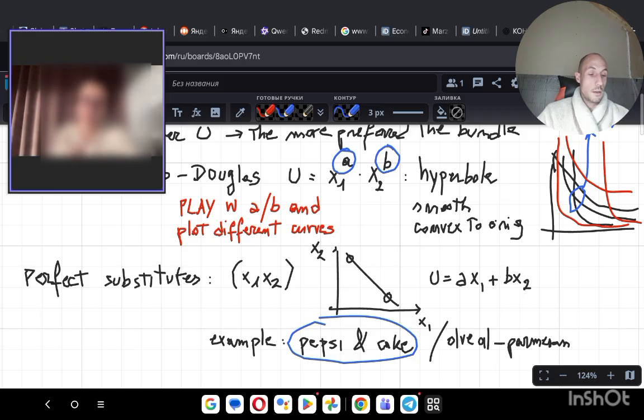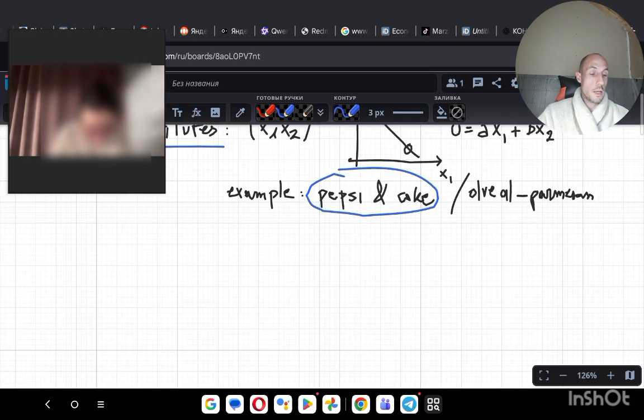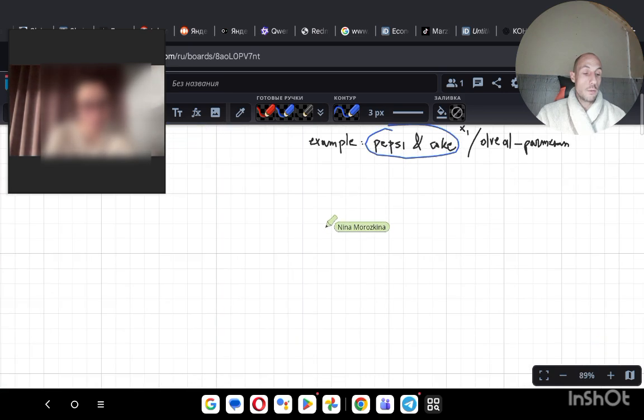Graphically, the utility curve is like this. Utility rises like this, but only the minimum value of one of the two makes sense.